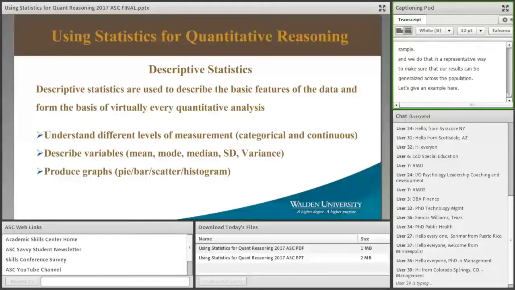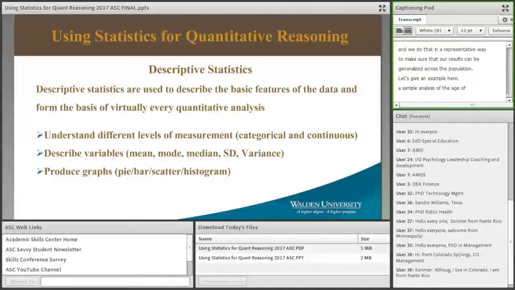A sample analysis of the age of homeless men and women in one specific region of the U.S. may well be considered representative of a total group or population of homeless men and women across the United States. We could not generally take a group of homeless men and women, let's say on your street, USA, and consider that a generalized assumption for that whole group. We have to have something a little bit larger.